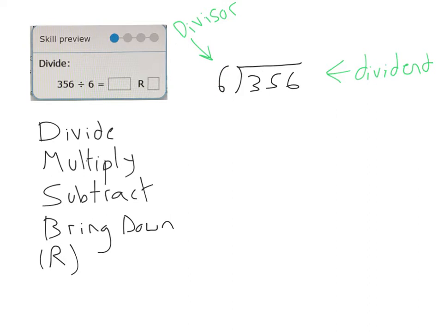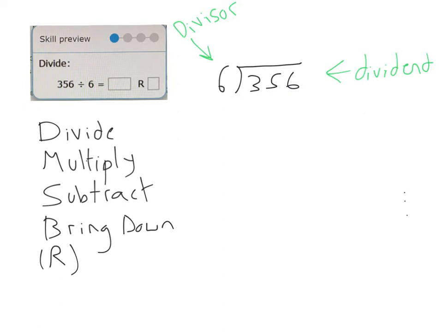So our first step again is to divide, and we look at the number closest to the divisor, the 3. And listen carefully to this wording: how many 6s can I take out of 3? If I had 3 dots, 1, 2, 3, how many groups of 6 can I take out of that? Hopefully you're saying none. There are not even 6 dots there.